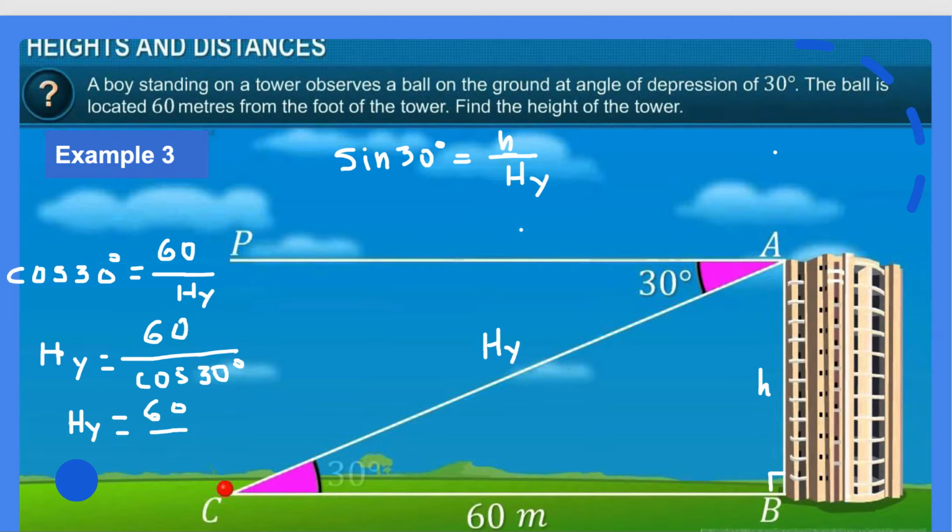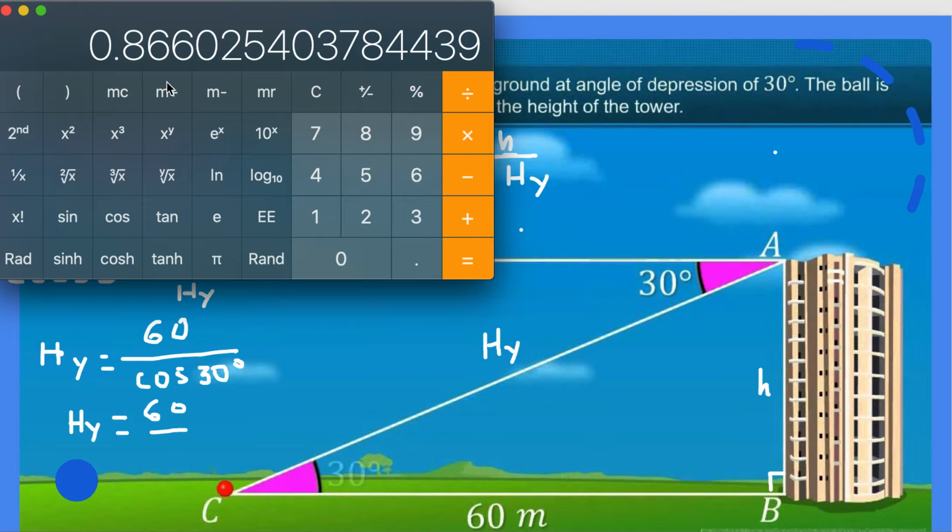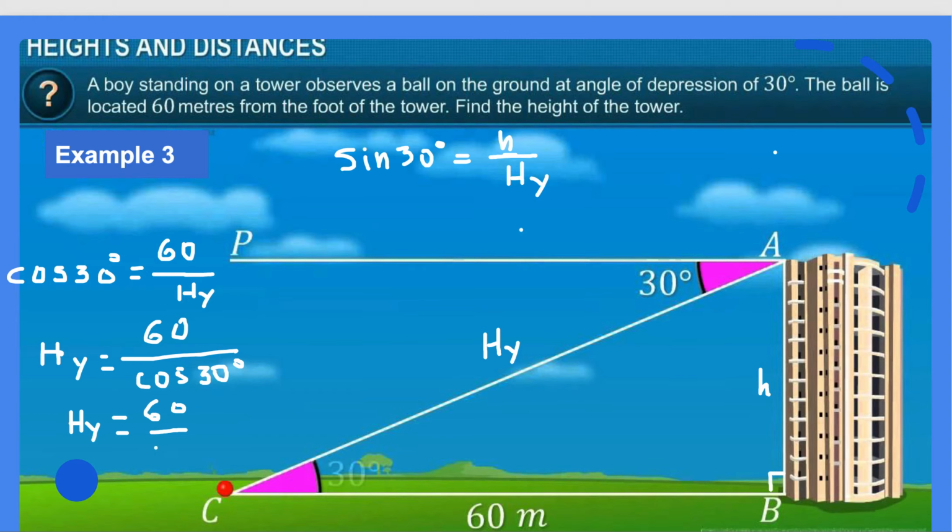Using a calculator, make sure it is set in degrees, cosine 30 degrees is 0.866, or sometimes the square root of 3 divided by 2.